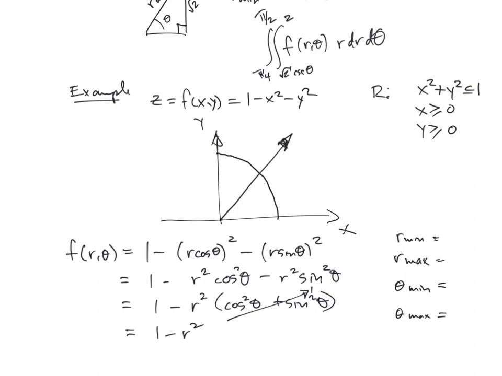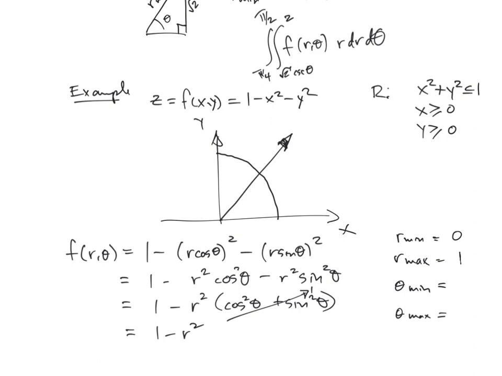At what value of r does that line enter the region of integration? Well, it enters right here, right? What's the value of r right here at the origin? 0. So r min is 0. What's r max? Well, it's the radius of this circle, which is what? Square root of 1, or 1. So r min is 0 and r max is 1.